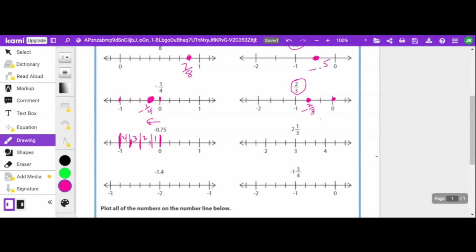So each chunk is not 4. Each chunk is how much? We've taken the whole piece, 1, and chopped it into 4 pieces. So if we take a whole piece and we chop it into 4 equal parts, each part is how much?